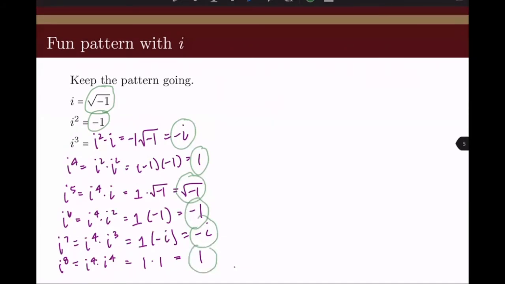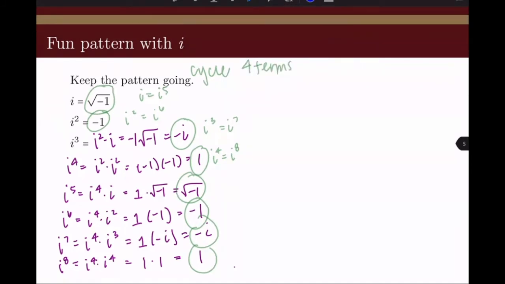So you can see i is going to equal i to the 5th. i squared is equal to i to the 6th. i cubed is equal to i to the 7th. i to the 4th is equal to i to the 8th. So they cycle essentially in 4 terms.